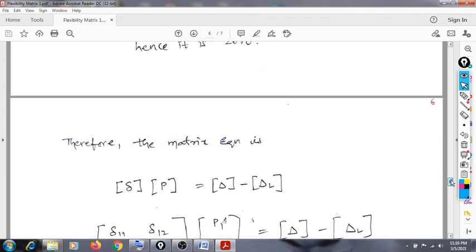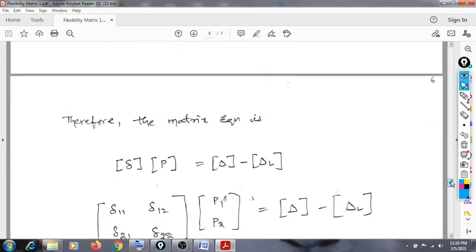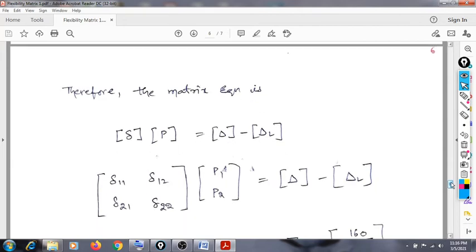So the general matrix equation for the flexibility matrix is given as delta into P is equal to delta minus delta L, as shown here, and we have delta 1 1, delta 1 2, delta 2 1 and delta 2 2.